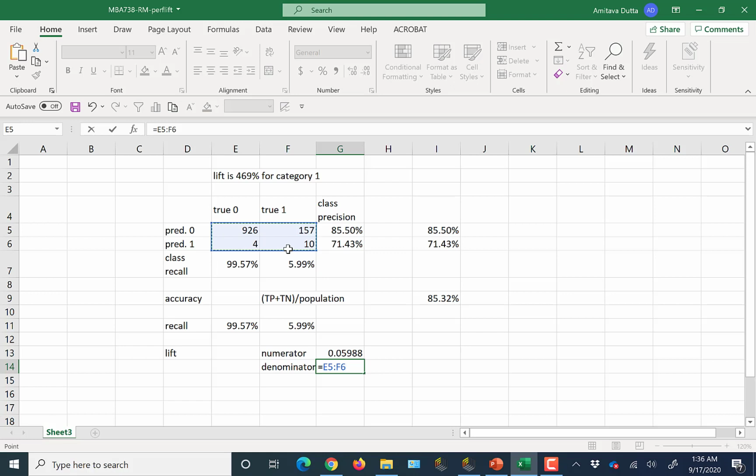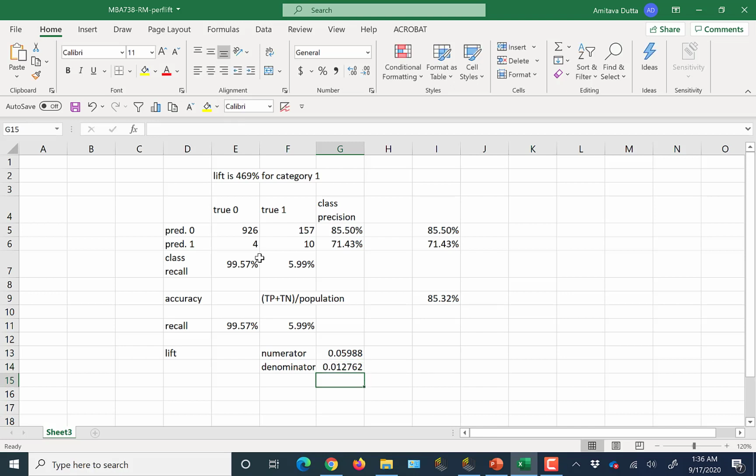But out of that entire population, how many did the model actually identify as being CHT? It's 4 plus 10. So the model identified 14 people out of this entire group as having CHT. So the numerator is 4 plus 10, out of the entire population, which would be 926 plus 157 plus 4 plus 10. Okay, so there we have it. That's even worse, it's 1.2%.